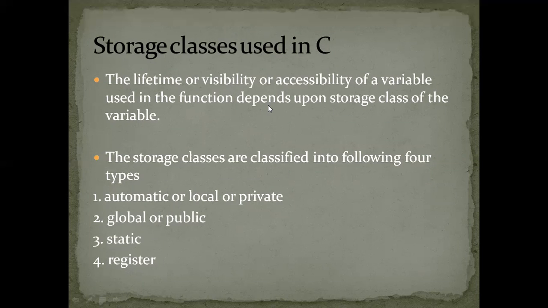The storage classes are classified into the following four types. How many types are there? Four types. What are those? Automatic or local or private variable, global or public variable, static variable, and register variable. So these are the four classifications of the storage classes. So we'll see one by one.